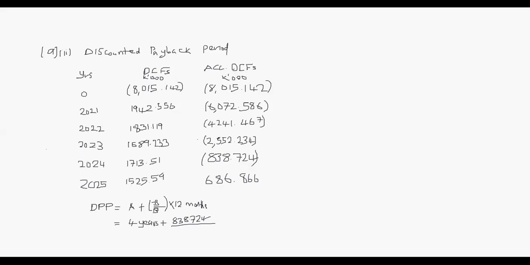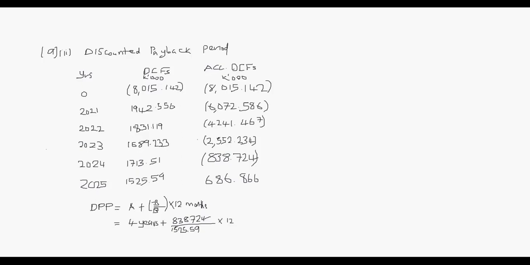So we pick this one as the denominator, 1525.59. Of course, we multiply with 12 months to get the specific number of months.